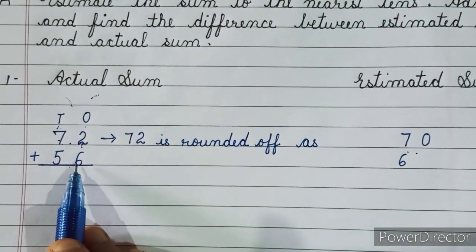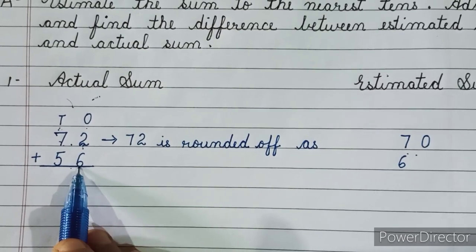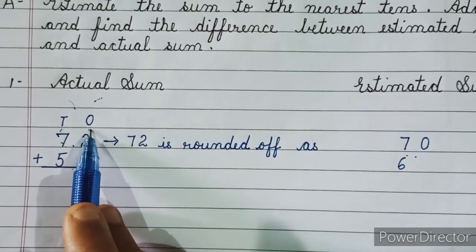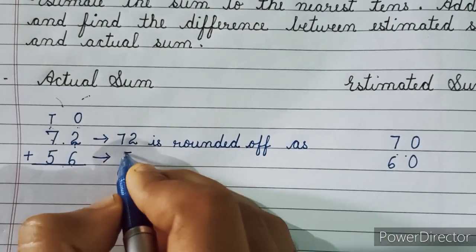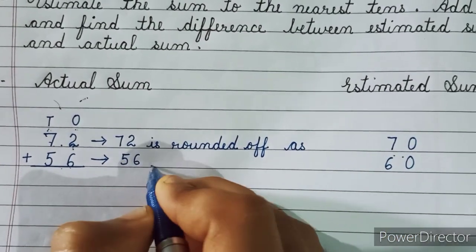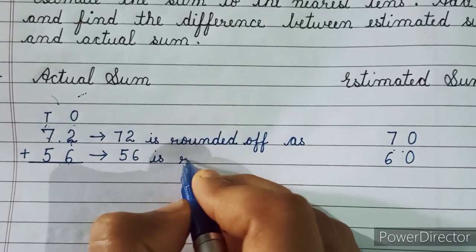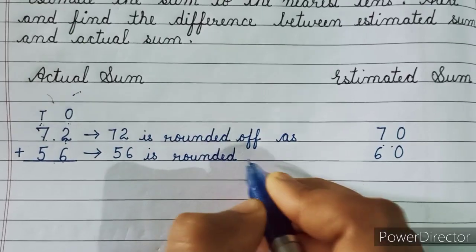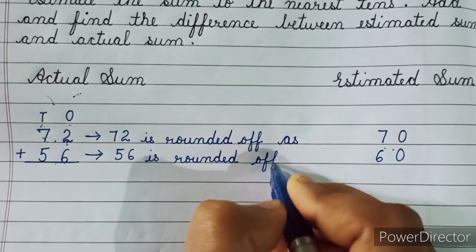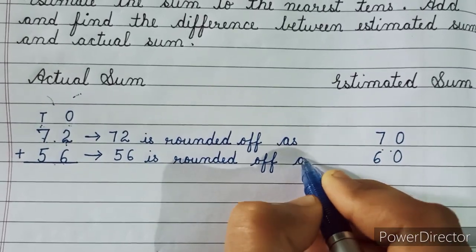And at the ones place we will put 0. We will write here 56 is rounded off as 60.